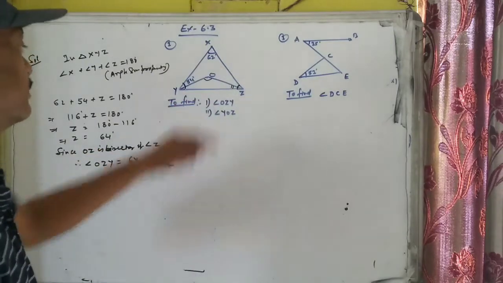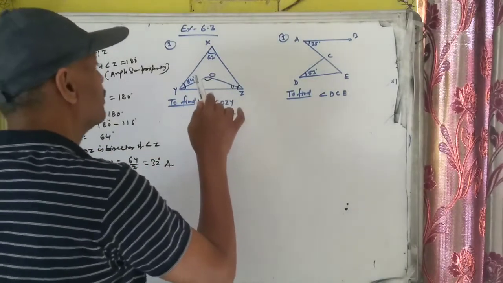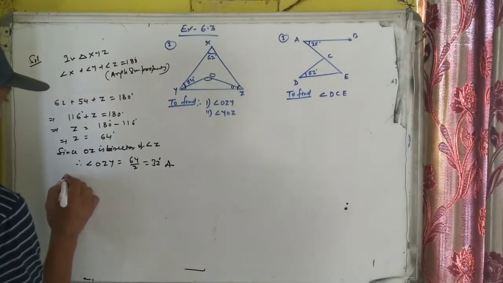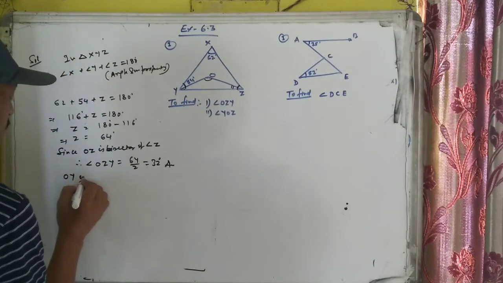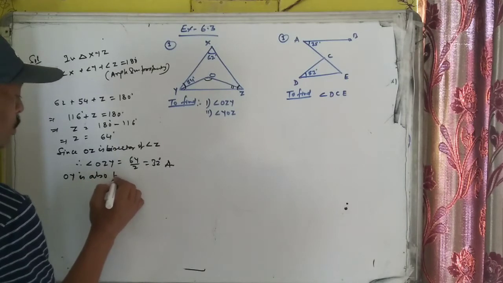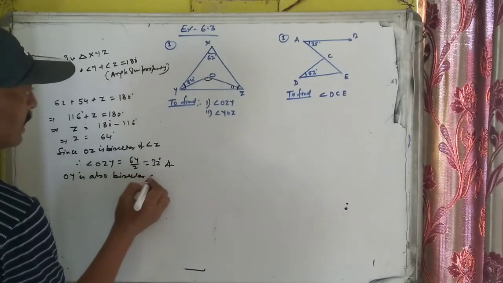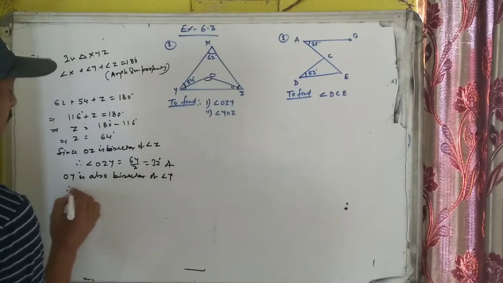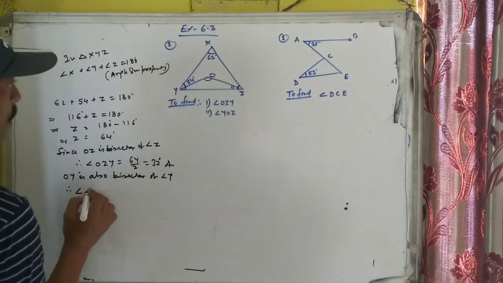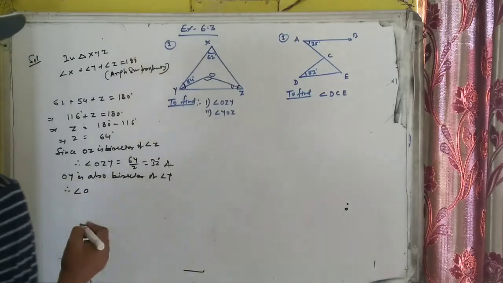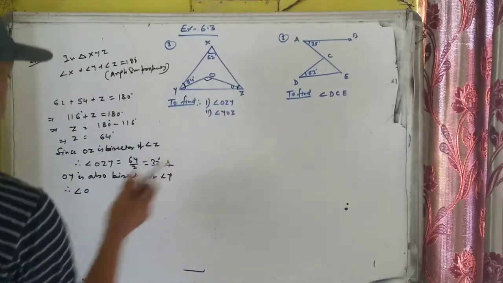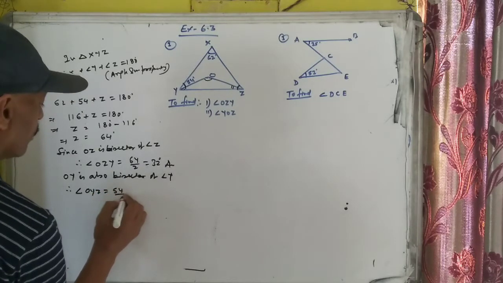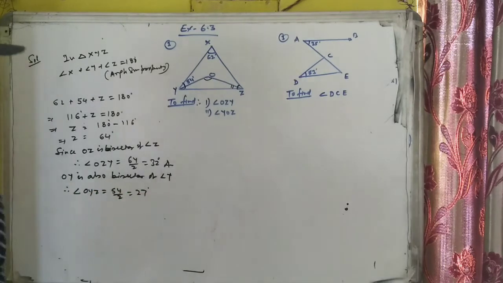Now for this one, OZ is bisector. Similarly, OY is also a bisector of angle Y. Therefore, angle OYZ equal to 54 by 2, that is 27.